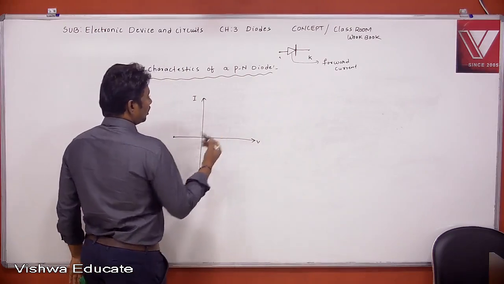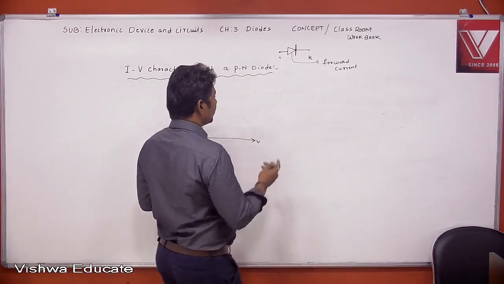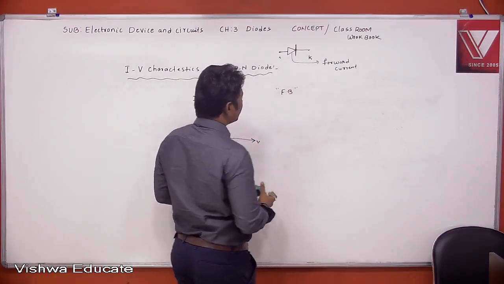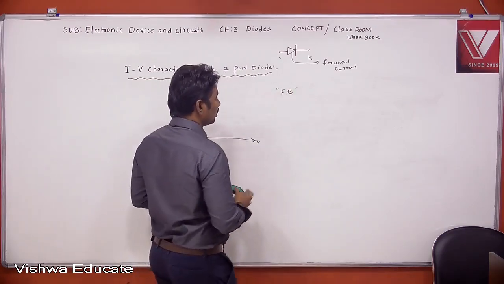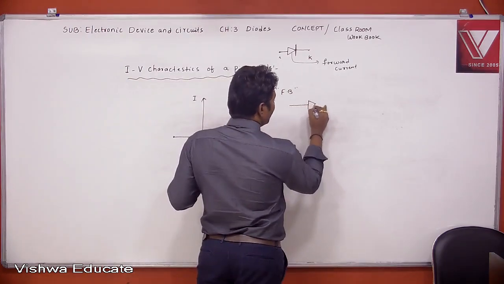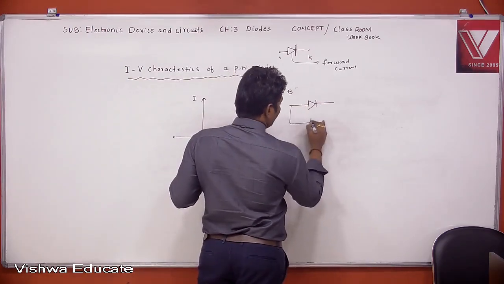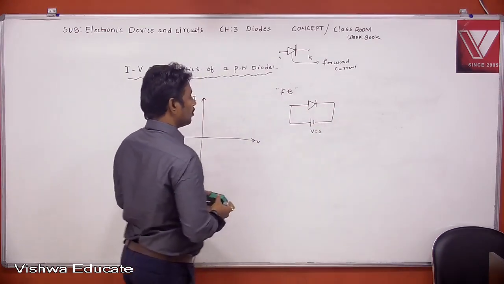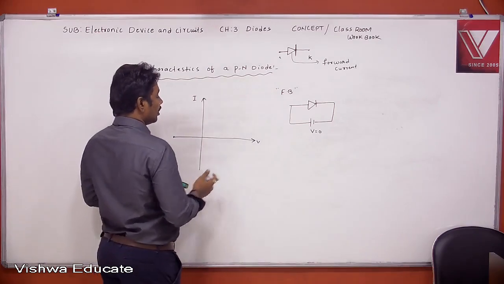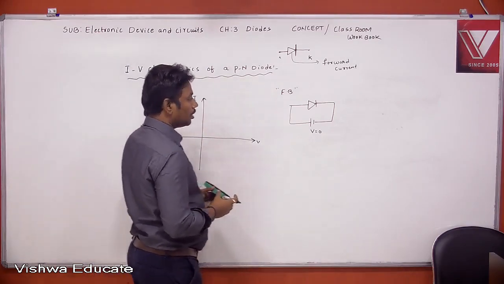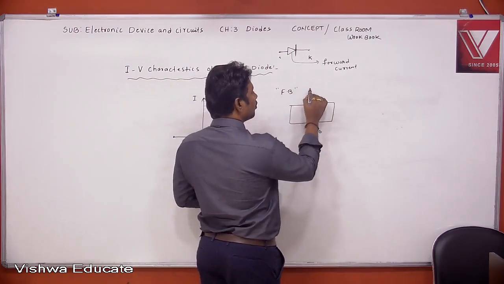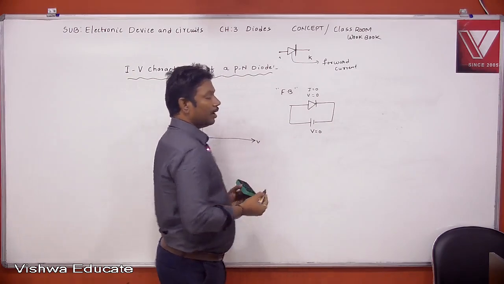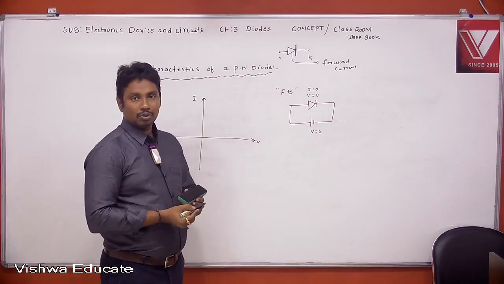For drawing the characteristics, I start with forward bias first. In forward bias, applied voltage is equal to 0. Then what will be the current through the diode and the voltage across the diode? Both will be 0.